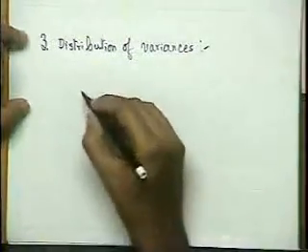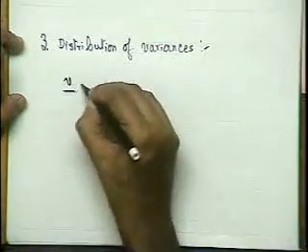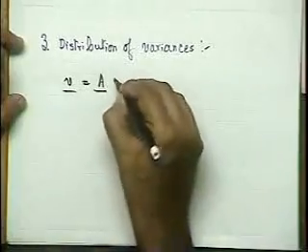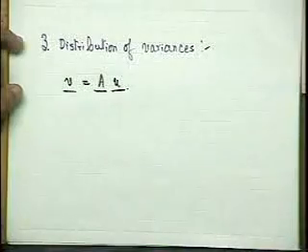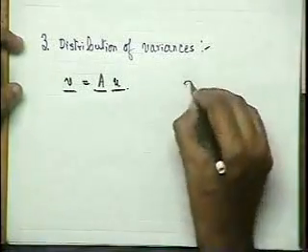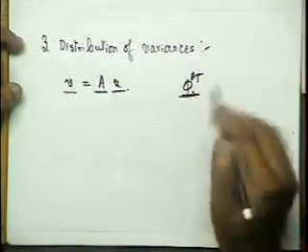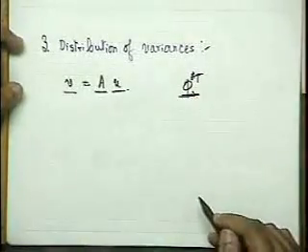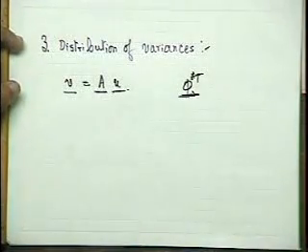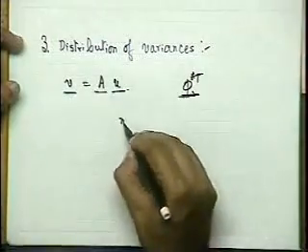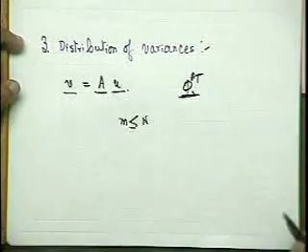Now, it is seen that among all the unitary transformations given by V equal to AU, when A is equal to phi star transpose, the K L transformation, then it packs the maximum amount of energy in the first m samples, where m is less than or equal to n.